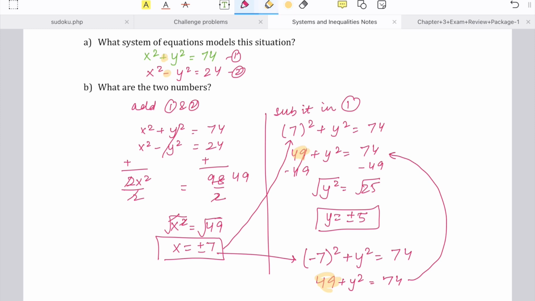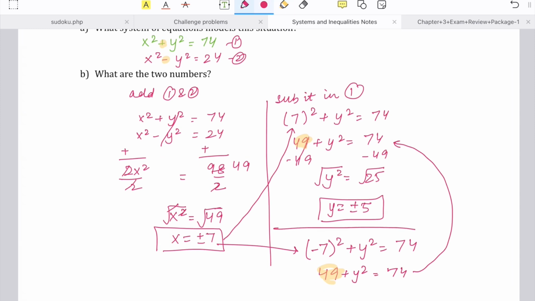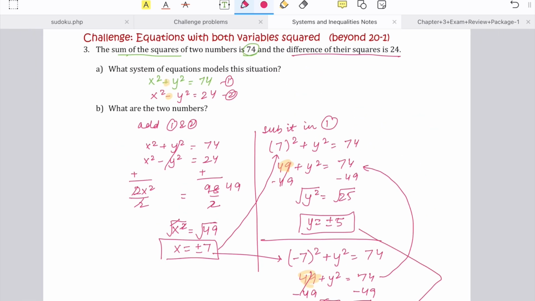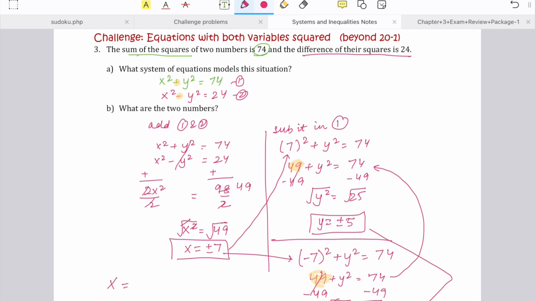If you're not sure what I mean by that, you can solve it again, right? Negative 49. You'll get y squared is equal to 25. Square root both sides, and you'll get y is equal to plus minus 5. So it's the same answer, right? So your final answer is going to be x is equal to plus minus 7 and y is equal to plus minus 5, and that's it.